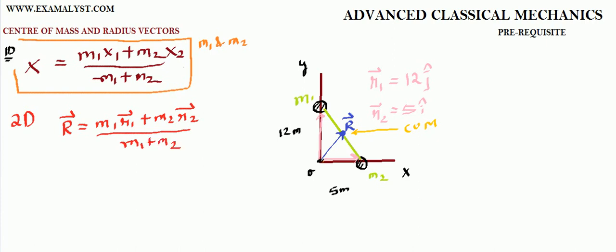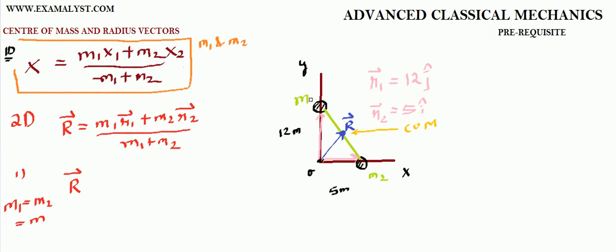Now to give you a feeling that these are vector quantities, let us find what r is if m1 equals m2. Consider a special case where both masses are the same, m1 equals m2 equals m.